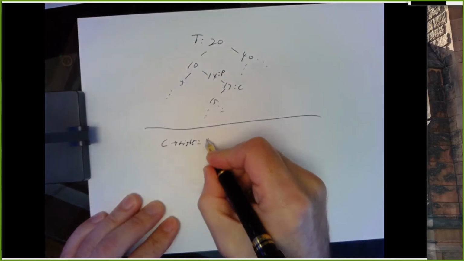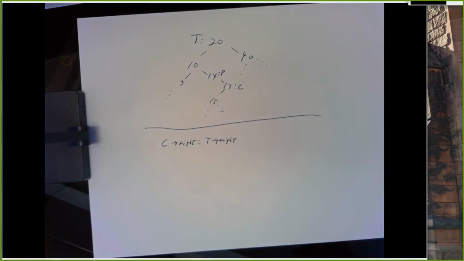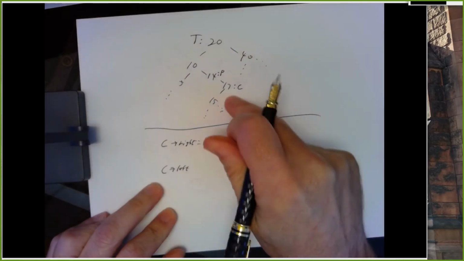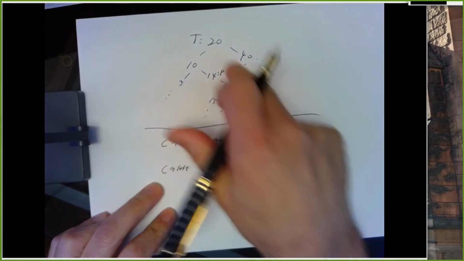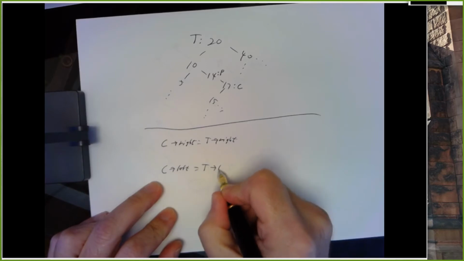So set C right equal to T right. And then C left, since C is going to be the new root, has to adopt everything to the left of the original root. So C left equals T left.